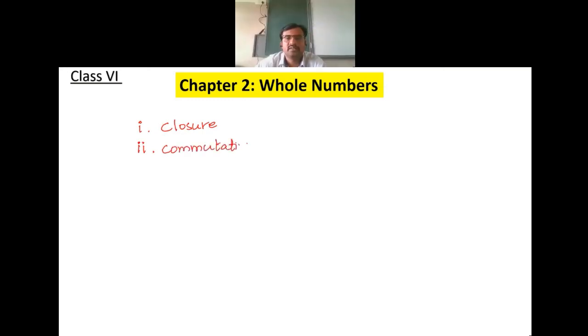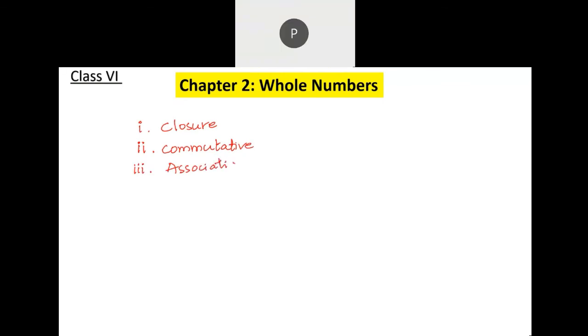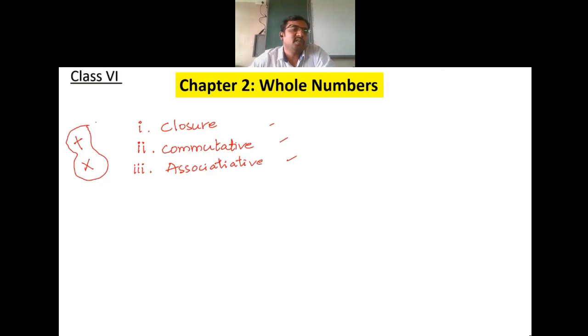And the third one is associative property. So these 3 properties we have learned now, and these 3 are true in case of addition and multiplication only.